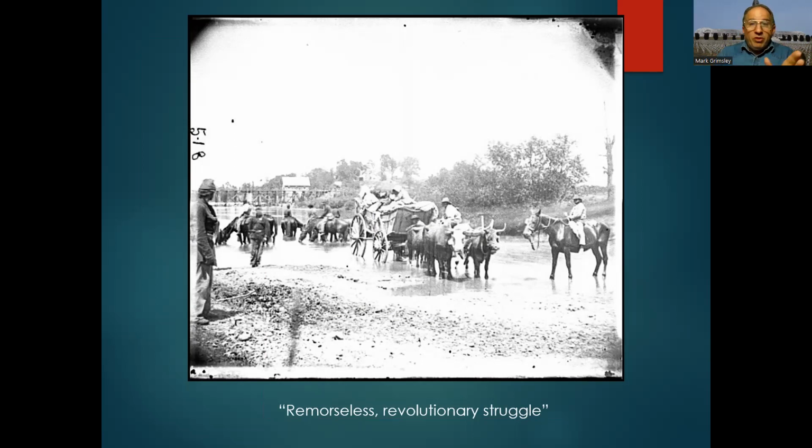And so Lincoln officially adds emancipation to reunion as a war aim. What this means is that now the war becomes a war to reshape the political, social, economic, and cultural fabric of the American South.